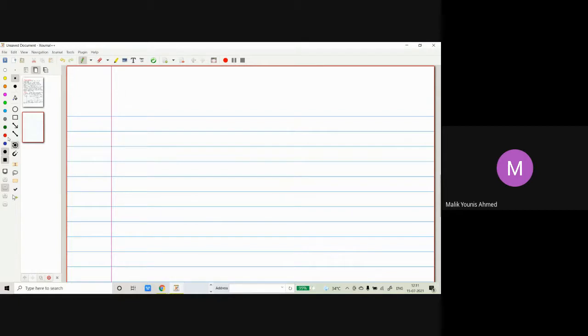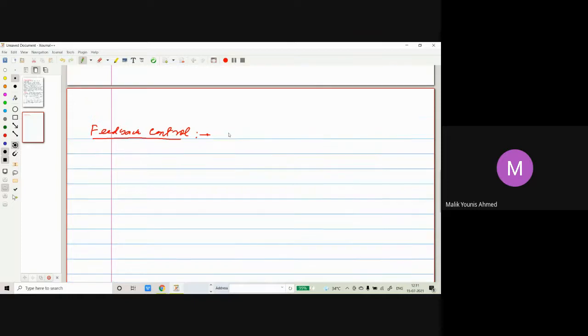Next point is feedback control. It's very important, this feedback control definition. Now, feedback control is basically an operation. See, I will repeat this diagram here.